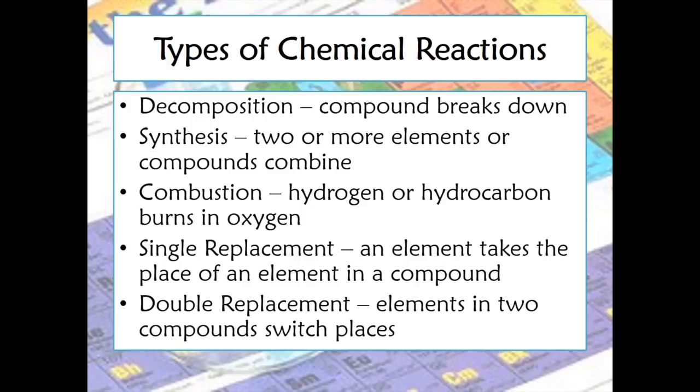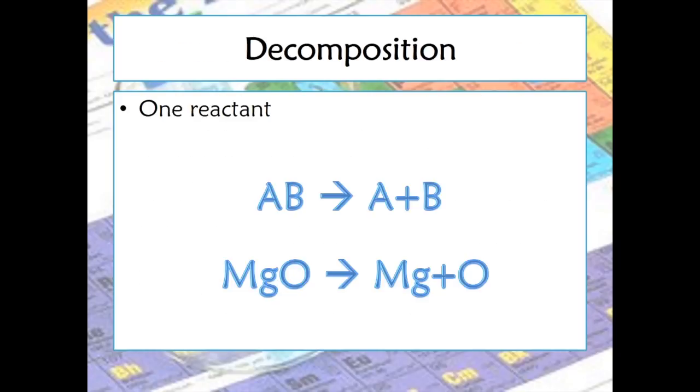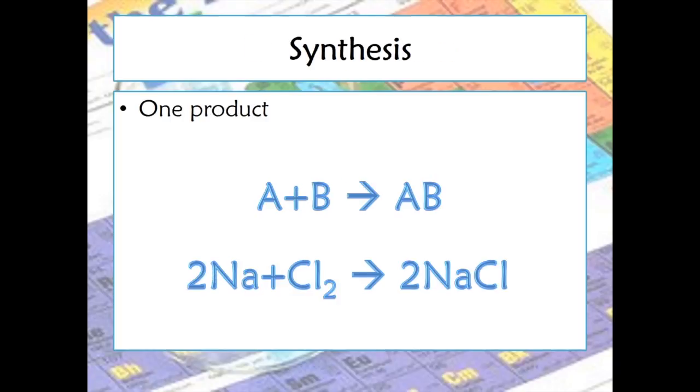We can tell what type of reaction is taking place by looking at the chemical equation. If we have only one reactant, then we know we're looking at a decomposition reaction. The reactant, which will be a compound like AB, will break down into its elements A and B. If we have only one product, then the chemical reaction is a synthesis.